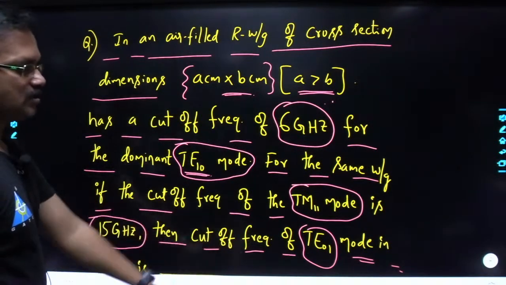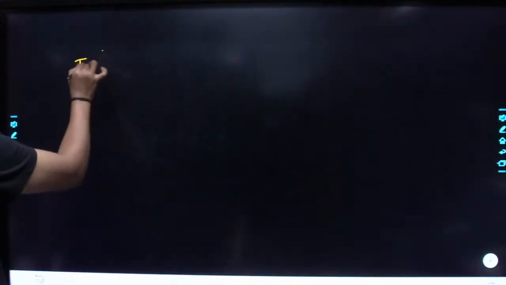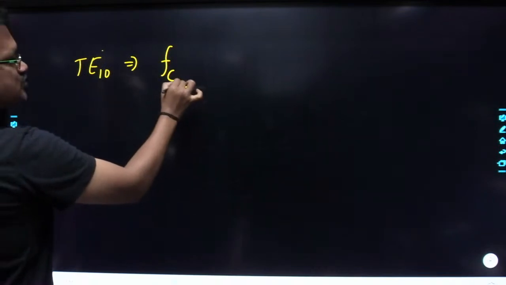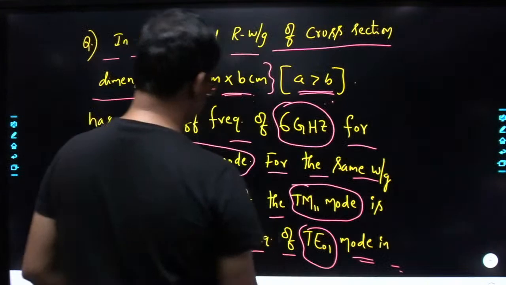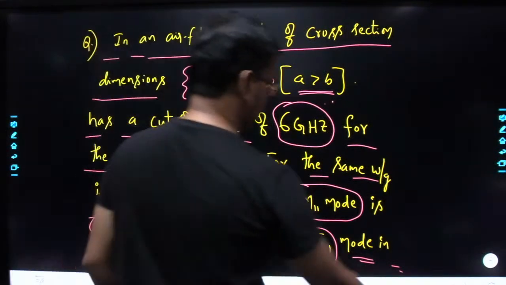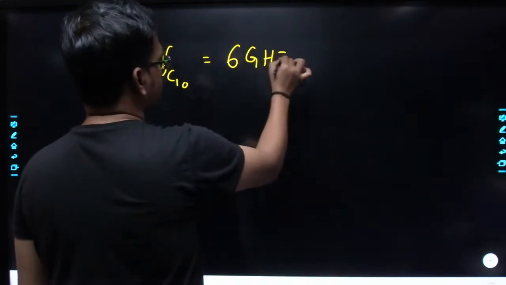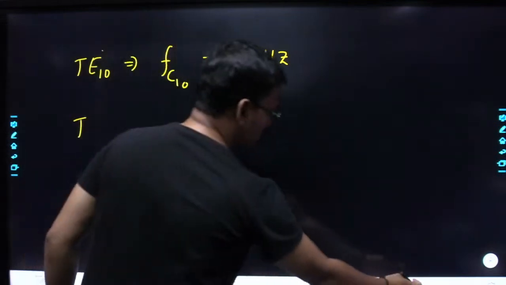Then they are asking for the cutoff frequency of TE01 mode. For TE10 mode, what is the cutoff frequency? FC10 is equivalent to 6 gigahertz, okay. So 6 gigahertz, right? Next for TE11 or TM11.